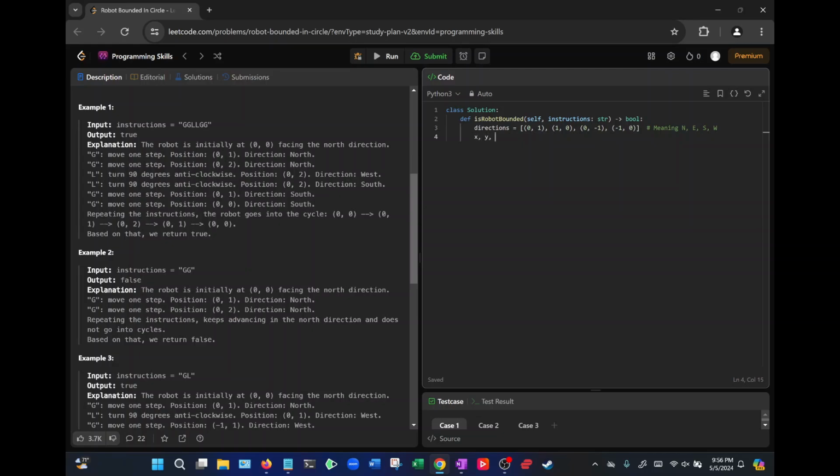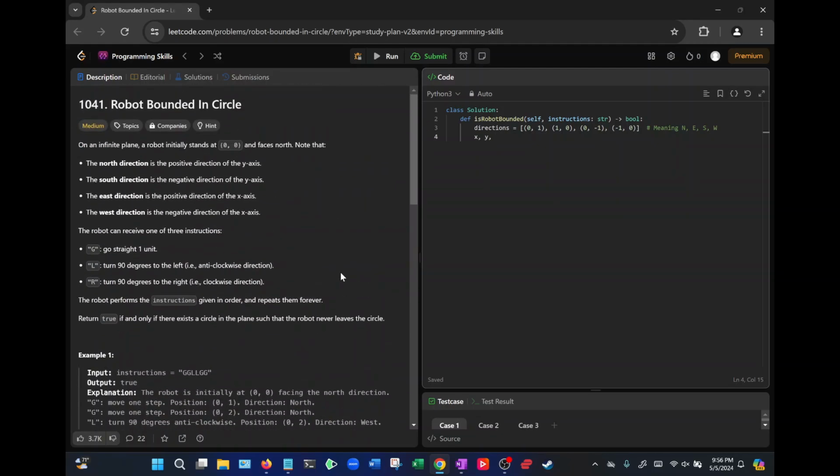So we're going to have x and y. We're going to keep track of the position of the robot using the x and y coordinates, which we will set to 0. And we're also going to have a direction index that, instead of referring to the direction itself using n, e, s, or w, refers to one of the entries in this list of directions.